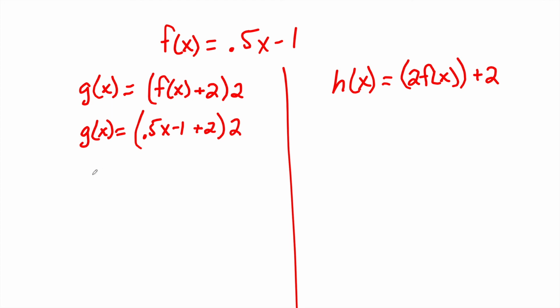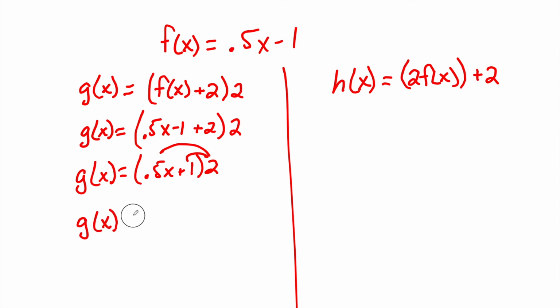Simplify the best you can on the inside, so we get g of x is going to equal a 0.5x plus 1. And then we're going to multiply that by 2, so we have to distribute out that 2. And this is where we got the g of x is going to equal x, because 1/2 x times 2 gives you 1x, or x. And then that's going to be plus 2, which is what we got earlier.